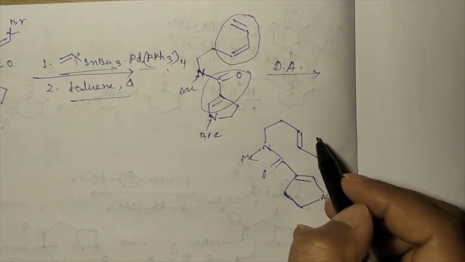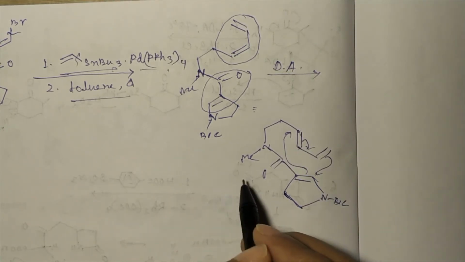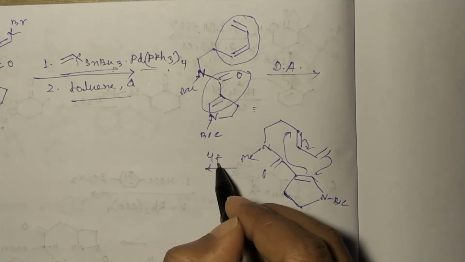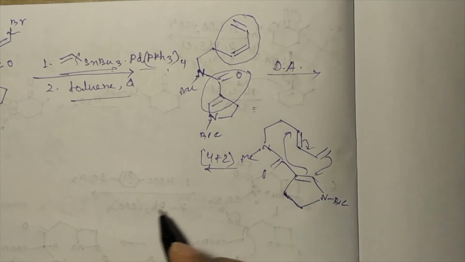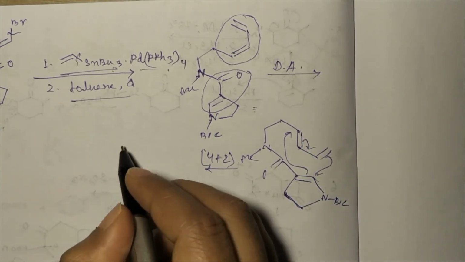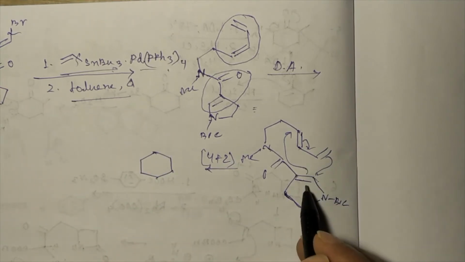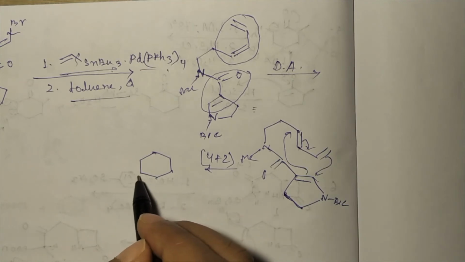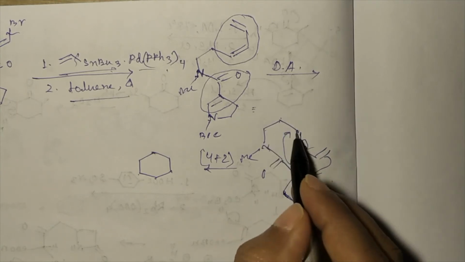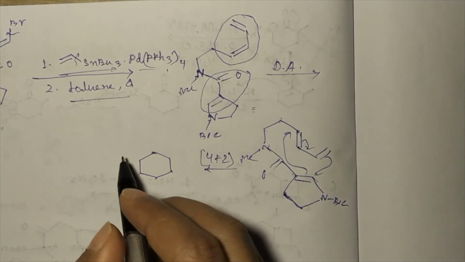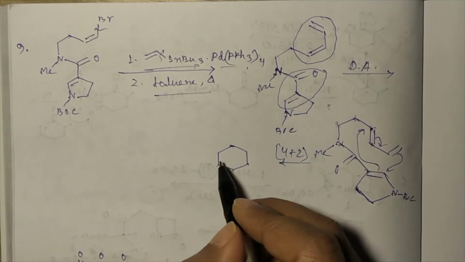So it will attack in such a way that a 4+2 addition reaction will take place, Diels-Alder reaction. So here a 6-member ring will be formed. So the product will be here a 6-member ring, as well as here a 6-member ring, and it will be 1 2 3 4 5 6, another 6-member ring. Another 6-member ring will be formed here.